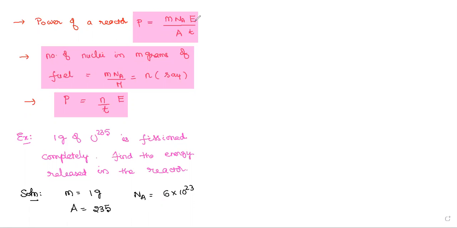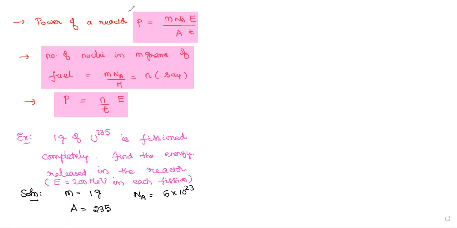Then I'm asking only energy, not power. Usually they give in the problem, in brackets, E is equal to 200 MeV, or whatever value they give; you substitute that value here. E is equal to 200 MeV in each fission reaction.